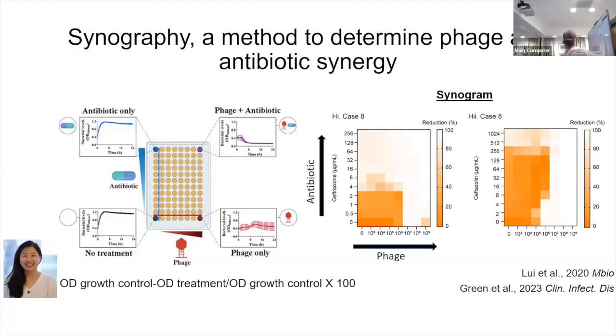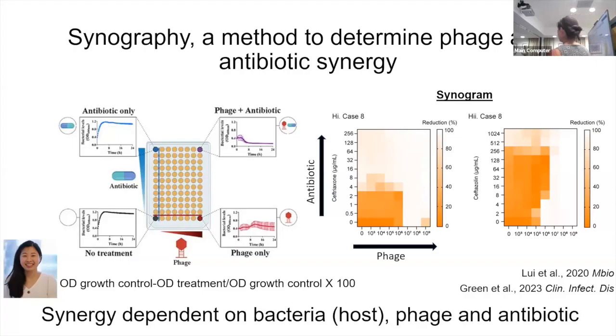So you can see here, when you combine both, you have nice white and nice synergy. And here, as you go up in phage and then you go up in antibiotic, you see dark, suggestive of maybe antagonism or not synergy.